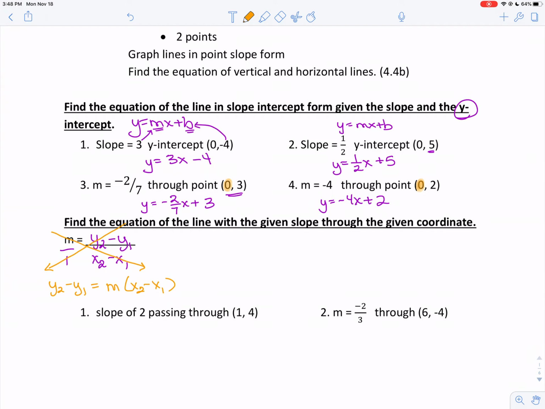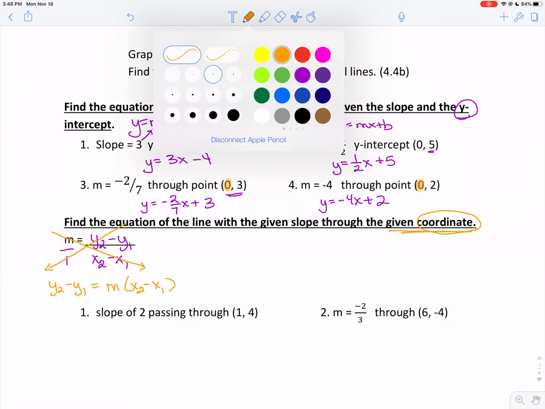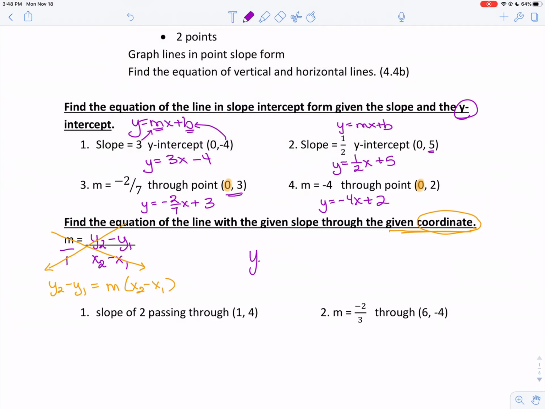Now, how many points did I tell you I was going to give you? Find the equation of the line given a slope through the given coordinate. Okay, not 2 points, but just 1 point. So notice that my formula has 2 points in it. It says y2 minus y1 equals the slope times x2 minus x1.